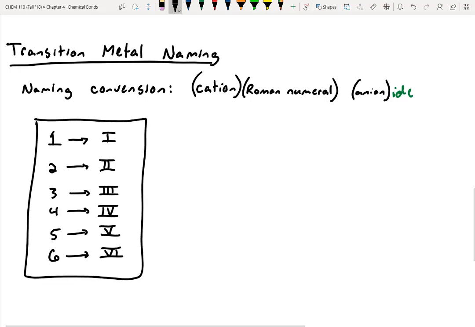And let's say I'm given a compound, and the formula listed on the bottle is FeCl3. We immediately know that it's 1 iron for every 3 chlorines, but we don't necessarily know the charge of iron right away. But we can figure it out. So we'd say, all right, iron has some charge.